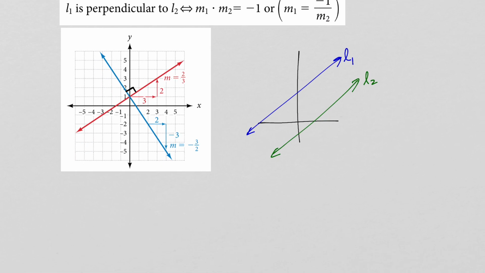And I find it to be a little bit better if we define it in this way. So if line 1 is perpendicular to line 2, if the slope of the first line is A over B, then the slope of the second line will be -B over A.